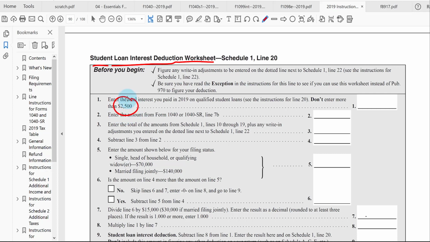And what you're trying to figure out in some of these lines is the adjusted gross income before deducting any student loan interest. And if you're single or married, you have different income limitations. Here, if you are single and you make more than 70,000, let's see, 70,000, I think you cannot deduct anything. Let's figure this out here.